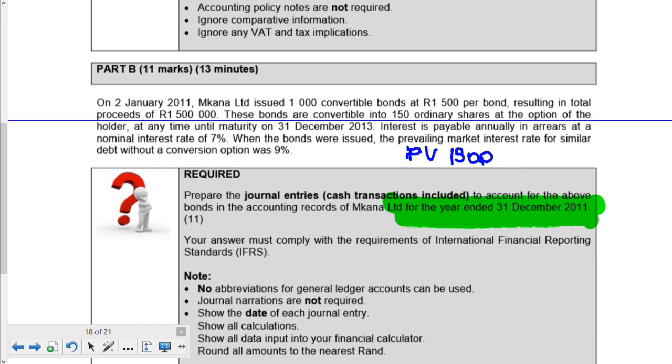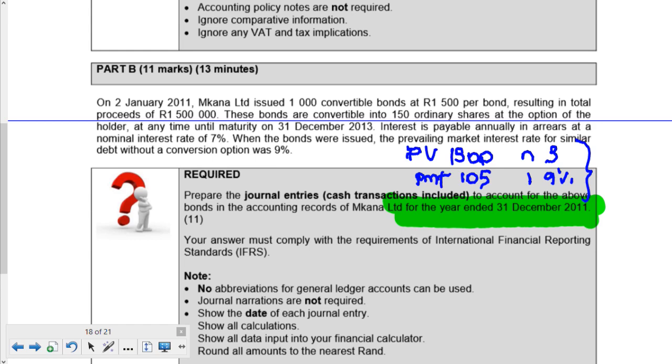So 7% of 1,500 is 105. N is 3. I is 9. Not 7, 9. So I don't know. Where did you go wrong? Use the 7, and you?